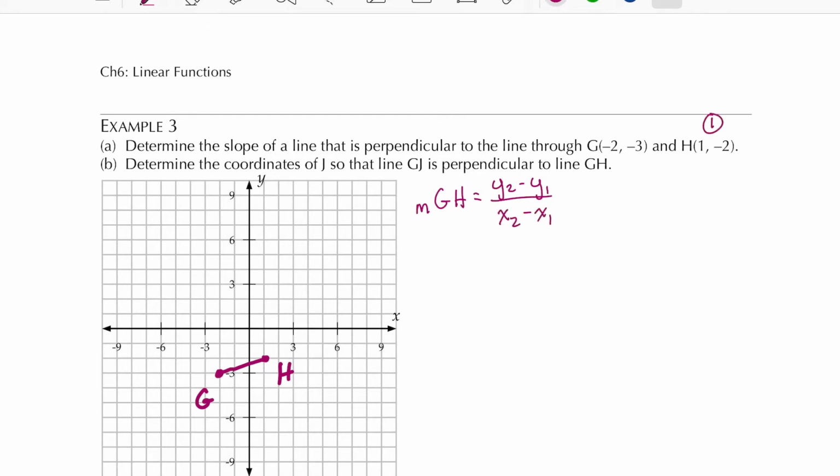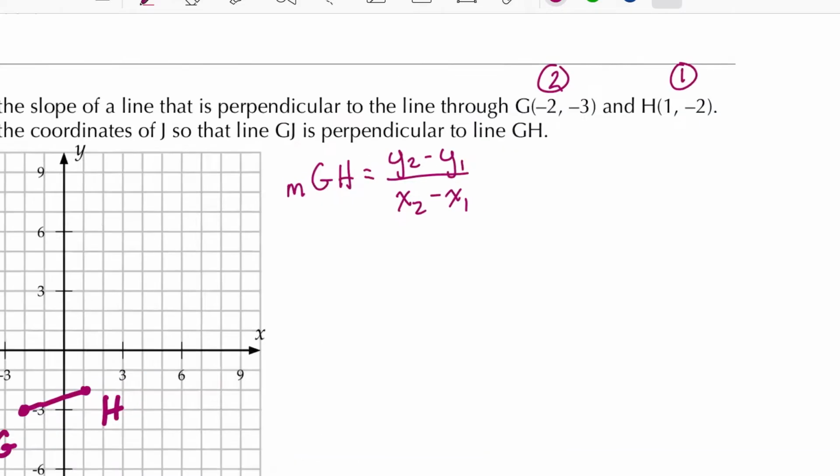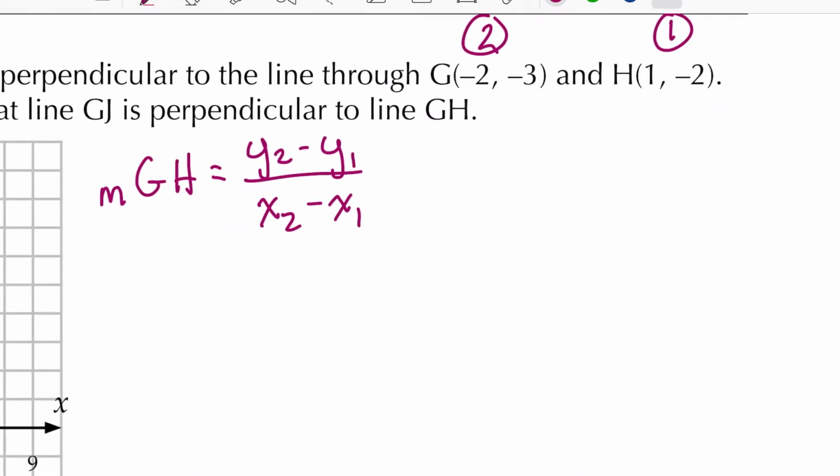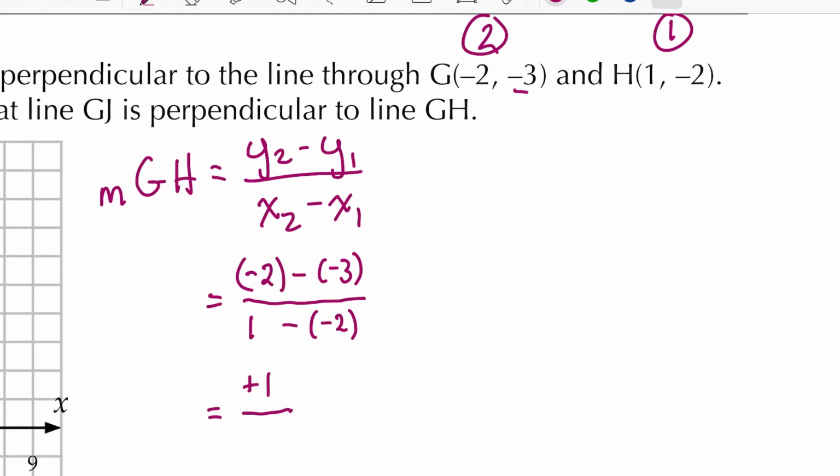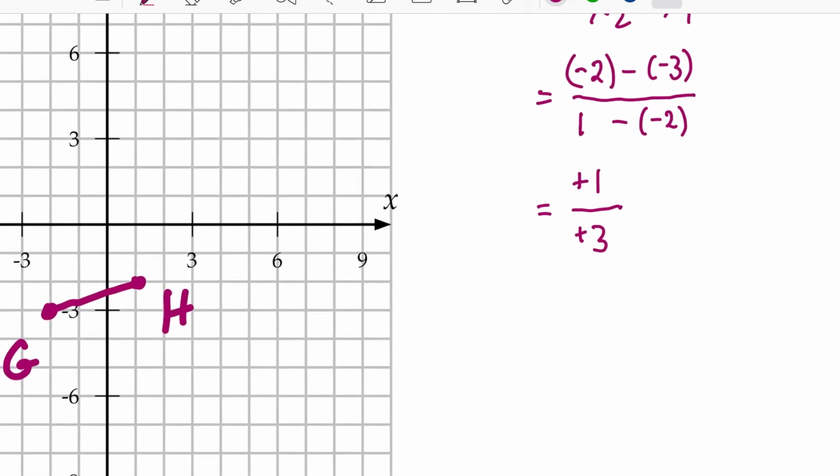This is point 1, this will be point 2. y2 is -2, subtract -3, all over 1 subtract -2. So -2 subtract -3 is going to be +1, all over 1 subtract -2 is +3. So the slope of this line is 1 over 3. We can see that here. It's 1, 3.